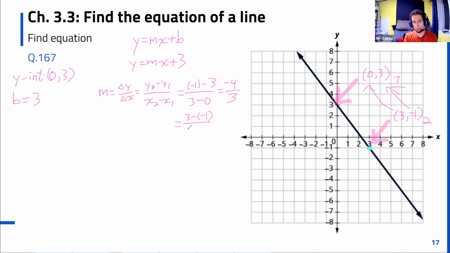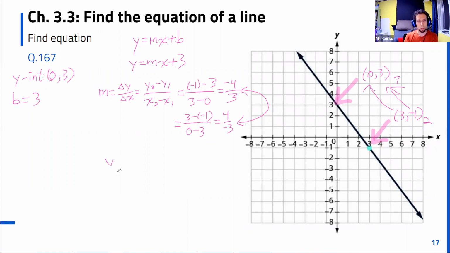Maybe we think that's a problem. On the bottom we get a different thing too, -3. But +4 over -3 is the same thing as -4 over +3. Those are mathematically the same. So if we do the subtraction with the points in the opposite order, we get the same slope.